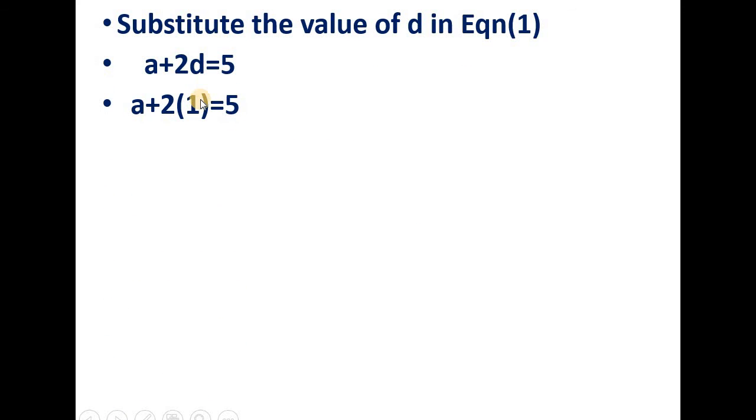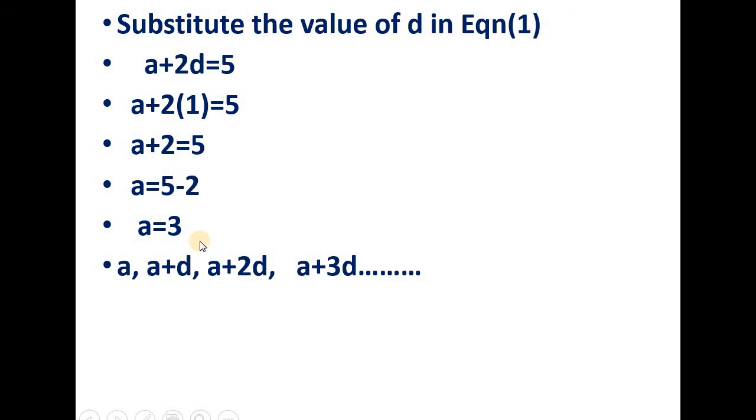A plus 2d, d is 1, then a plus 2 ones are 2 is equal to 5. Therefore a is equal to 5 minus 2, which is 3. So therefore the first term of the arithmetic progression is 3.